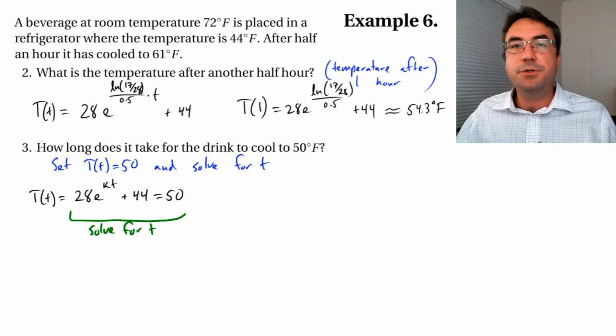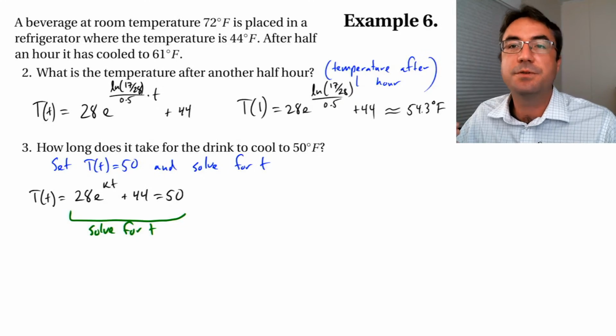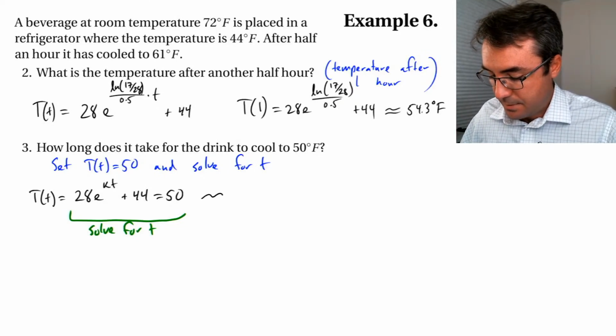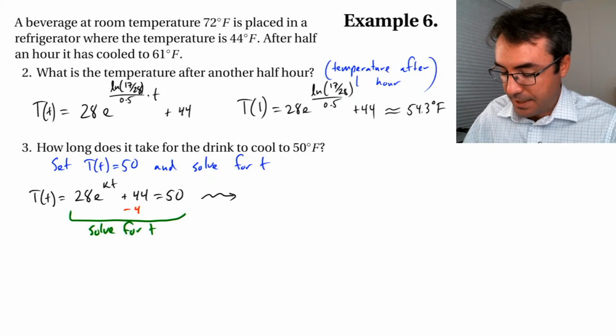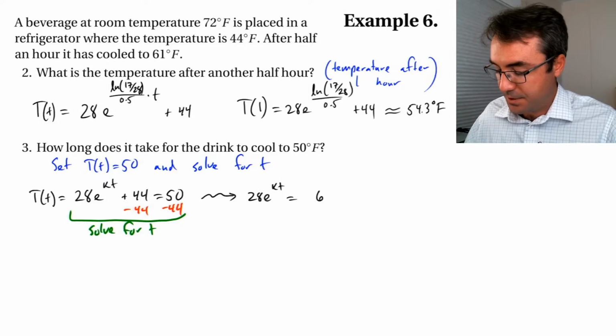And we're just going to go through the motions again. Very similar to what we did before in order to figure out K. So subtract 44 from both sides, gives us 28 e to the kt is equal to 6.